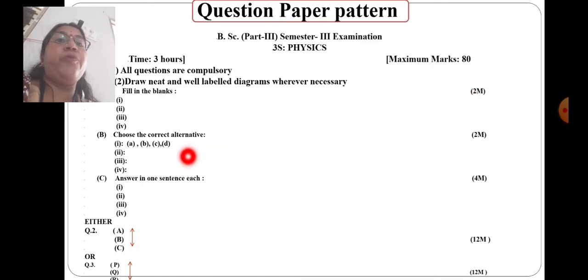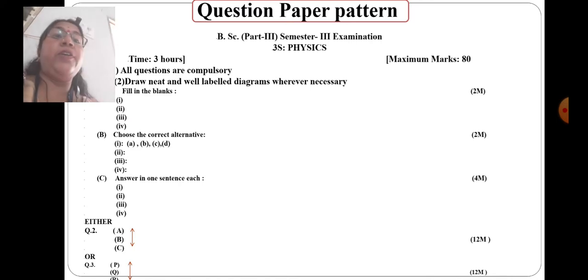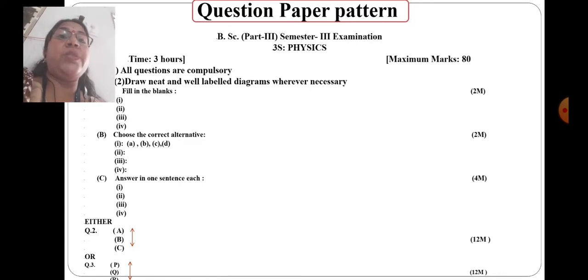Then question 1B is on choosing the correct alternatives, meaning A, B, C, D. Some choices will be given to you and you will choose any one choice from A, B, C, D. Here 4 questions will be asked, and each question has half a mark, so the total marks on question 1B are 2 marks.